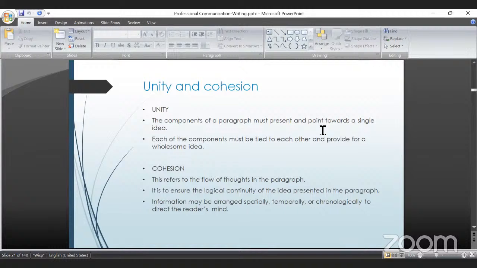And there are several kinds of transition devices. I'll talk to you about transition devices when we talk about different patterns of paragraphs, because for each of them we use different kinds of transition devices. But to begin with, I can simply give you examples like but, although, additionally, furthermore.